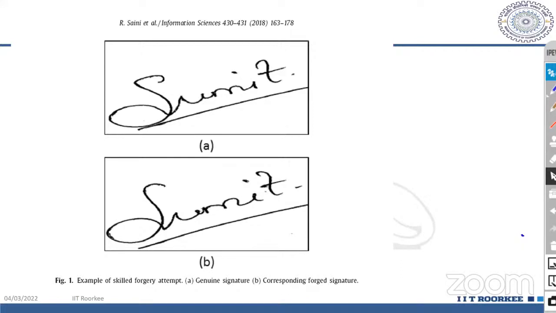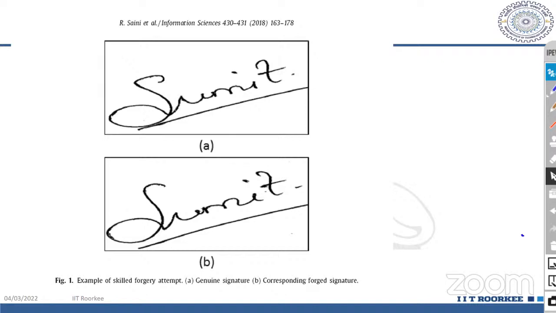They just check whether the signature is matching or not. Assume that you are withdrawing a very high amount of currency. In that case, they see your signature and match it with the database. And if it is matching, yes, the transaction will be done.